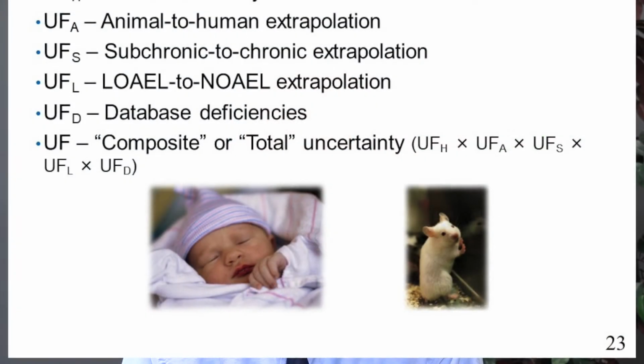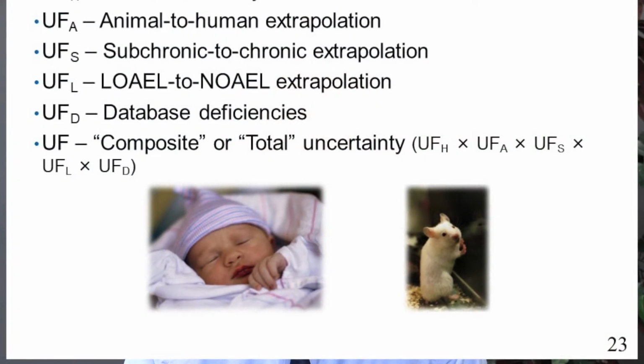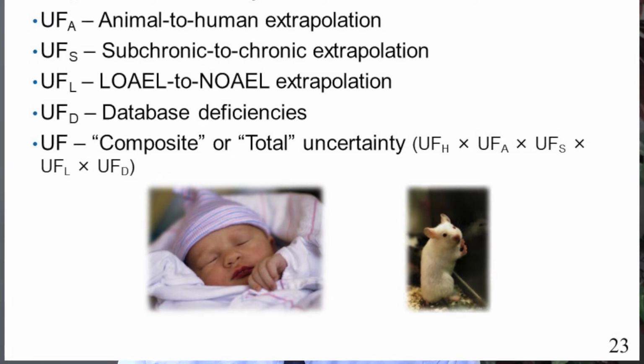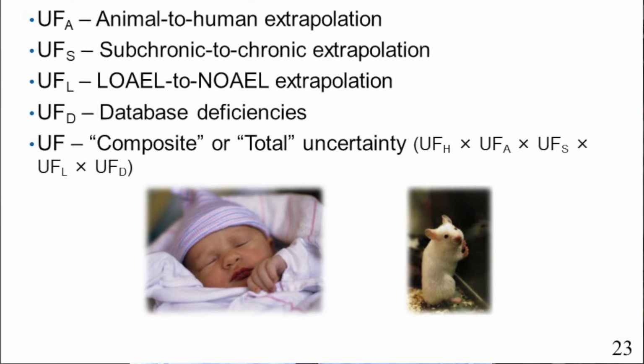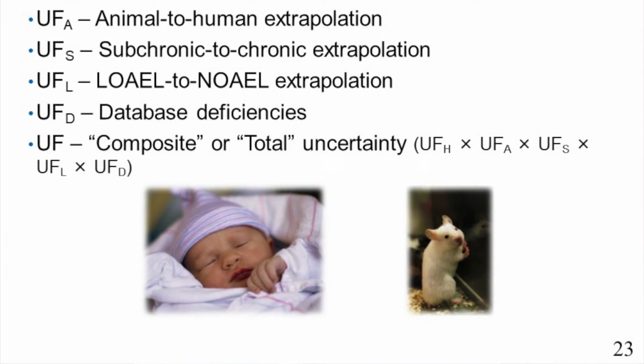So on the next slide, 23, I want to get back to the uncertainty here. In terms of the uncertainty that involves how to utilize information from data based on experiments conducted on other species to human populations. First of all, there's variability. Humans are not all the same. There's individual to individual variability.